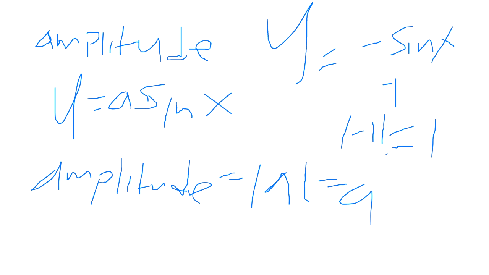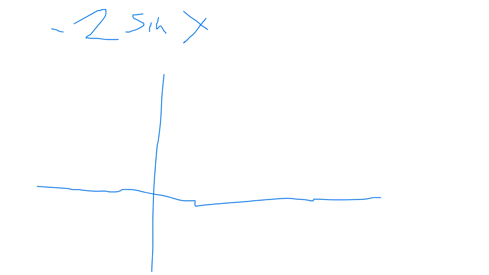So for instance, if I have negative 2 sine x, that means that my graph is going to go like this. Let us say here will be 2, and here will be -2. So my graph will go here up to -2, come to 2, then come back.